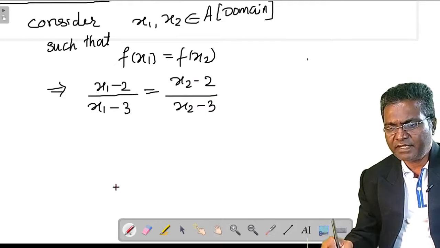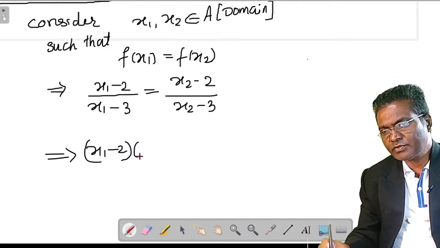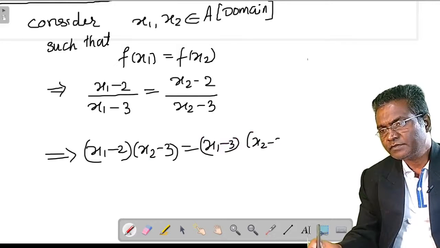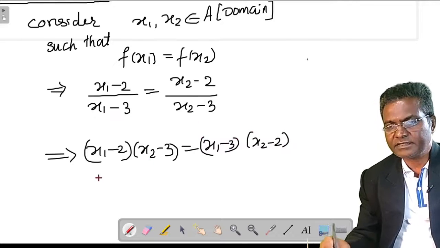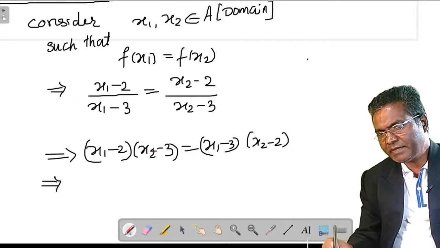Now simplify it, cross multiply: (x1 minus 2) into (x2 minus 3) is equal to (x1 minus 3) into (x2 minus 2), which implies multiply these two.